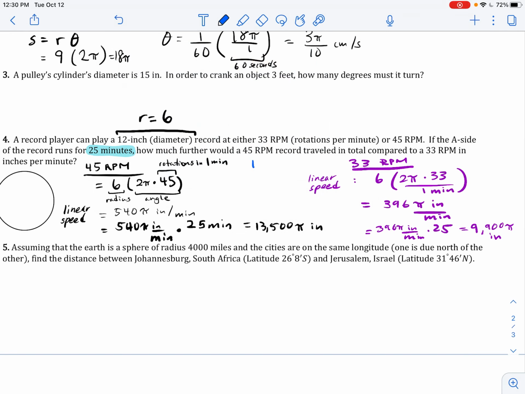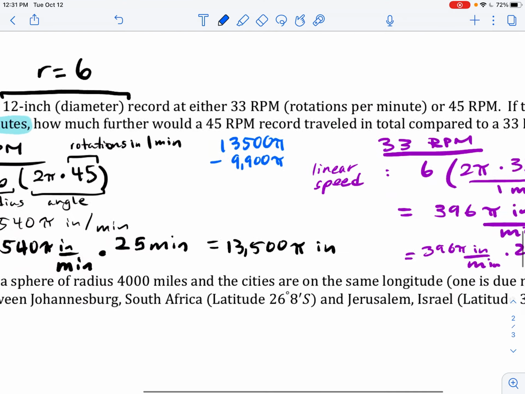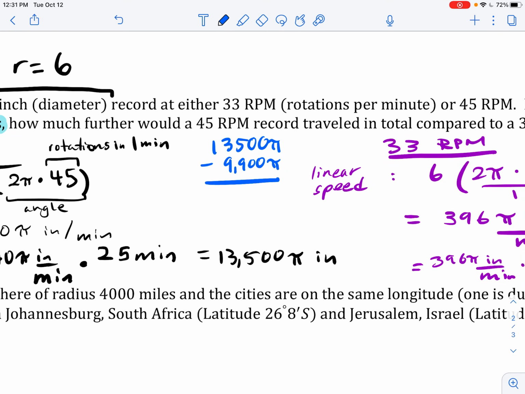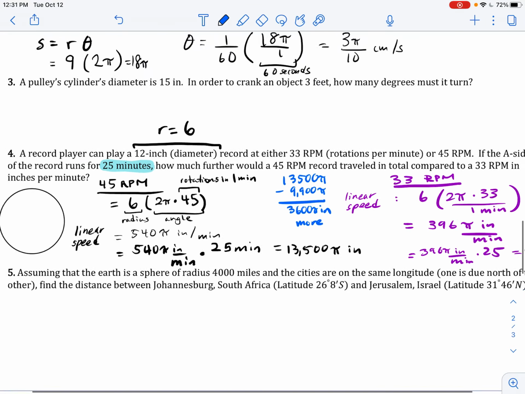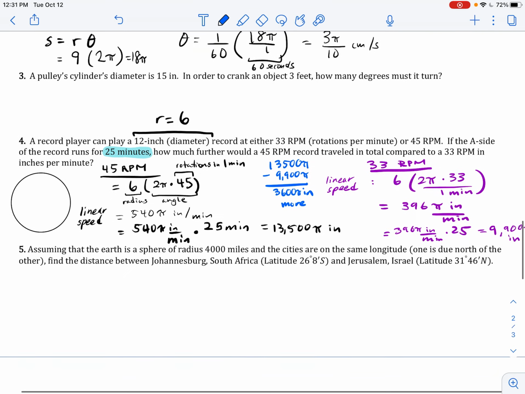So 13,500 pi, I would normally have a little bit more space, I apologize for the lack of space here, minus 9,900 pi. Let me just zoom in on that. So we would say that the side that travels at 45 RPM travels 3,600 pi inches more over the course of 25 minutes than the side that rotates at a speed of 33 RPM. Okay? All right.